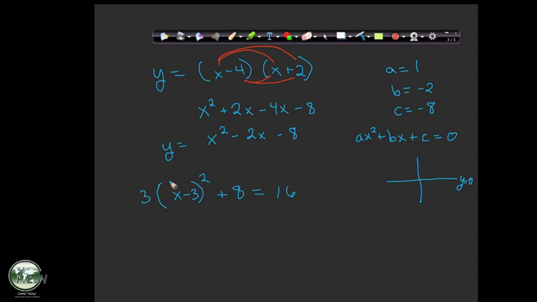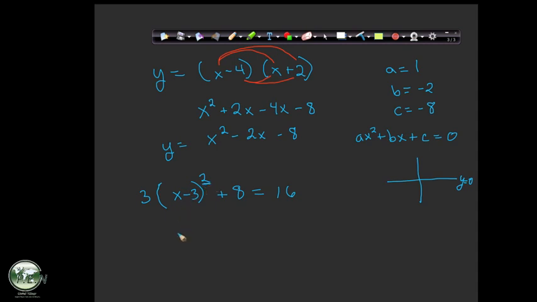Can we distribute this 3? First the parentheses. I'm glad you held me back. We've got to take care of the exponents. Parentheses and exponents have to be done first before we can start dealing with that 3. So what does this square mean?